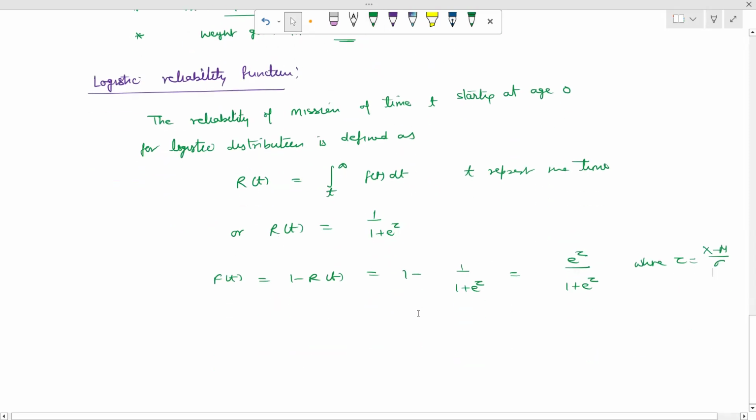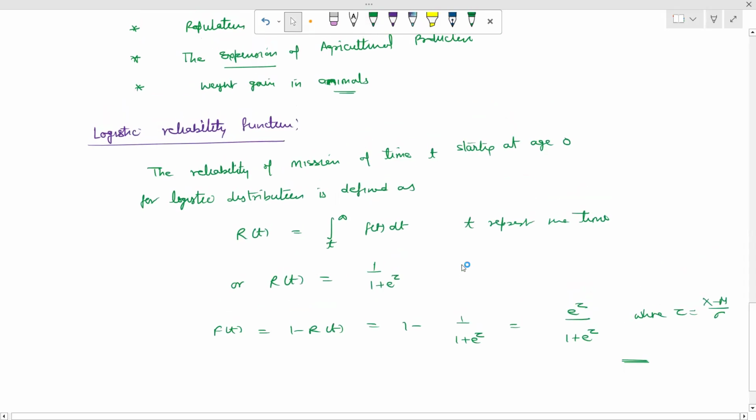So this is for the unreliability, that means F(t) is defined as 1 minus R(T). Okay, so hope you understand about this logistic distribution, probability density function and logistic reliability function.